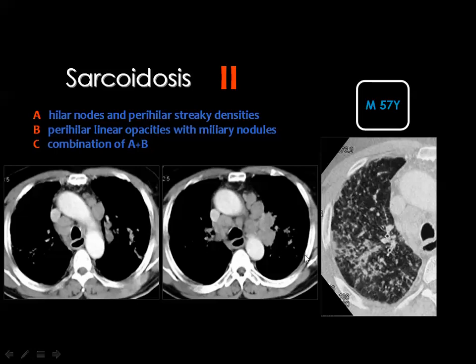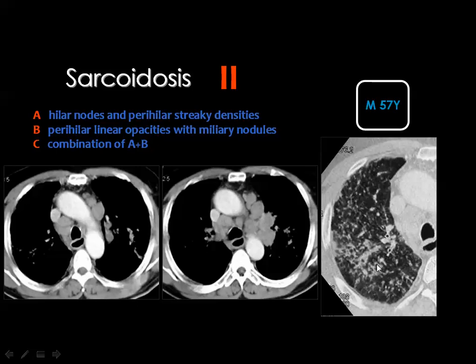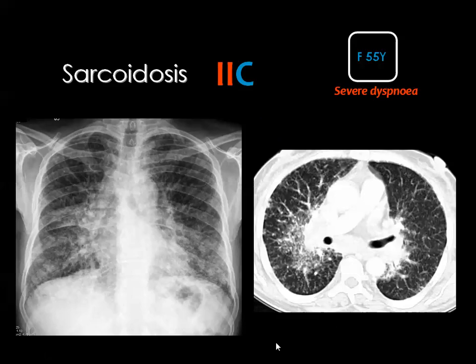And here you see the classic appearance of sarcoid nodes, which are homogeneous, discrete, and may contain calcium. In the lung window, you can see the typical perilymphatic distribution, and you see the micronodules together with strandy opacities.